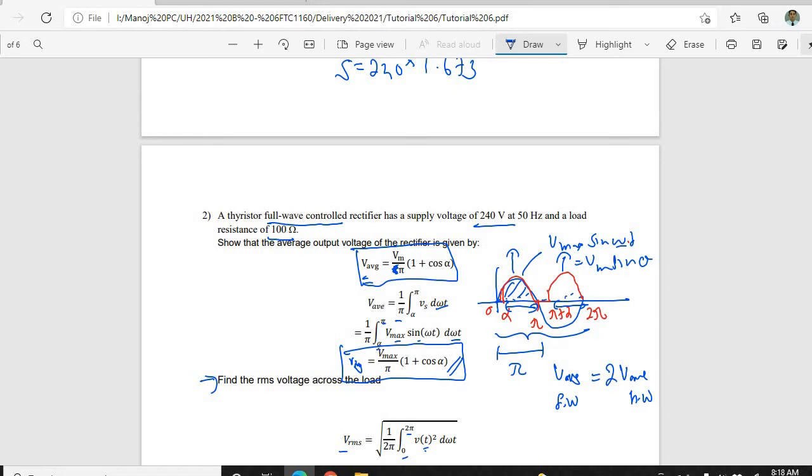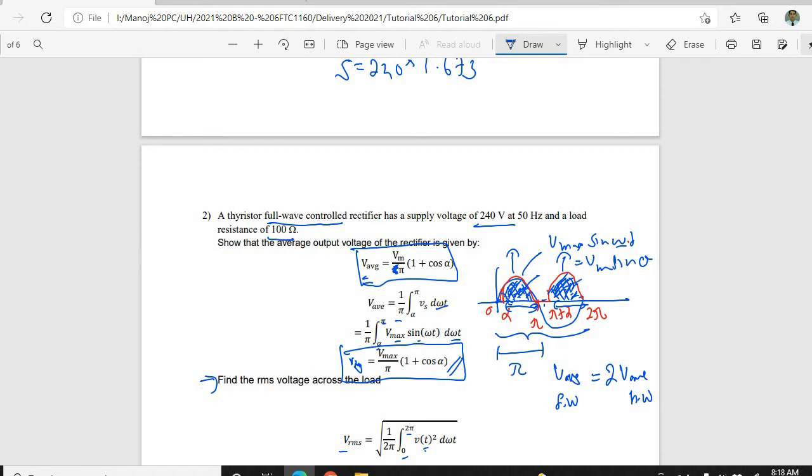Without doing that, we can just find only one. If we find from α to π only, then multiply by 2, we'll get both areas. After squaring it you will get some waveform, and you will get the same shape for both portions.